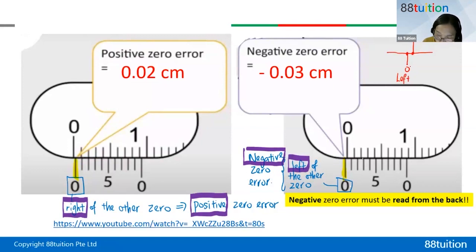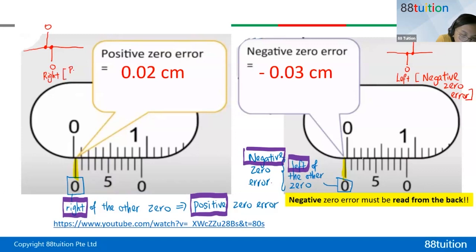So if it's on the left, all right, then negative 0 error. Then here would be if you have 0 here, all right, then another 0 on top, then this 0 is on the right, this is on the left. So always look at the bottom 0. This 0 is on the right, therefore positive 0 error.